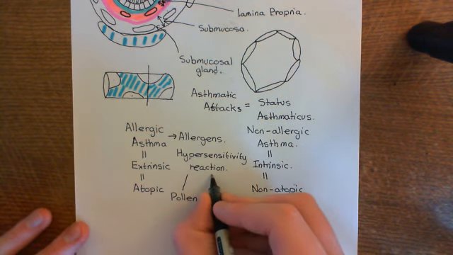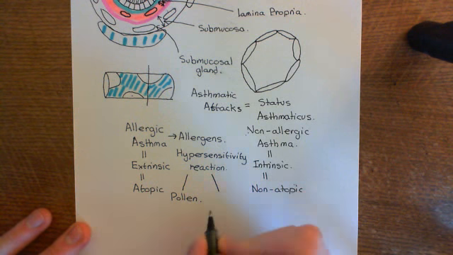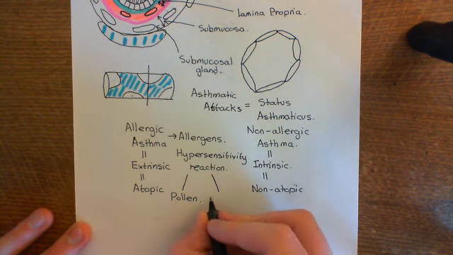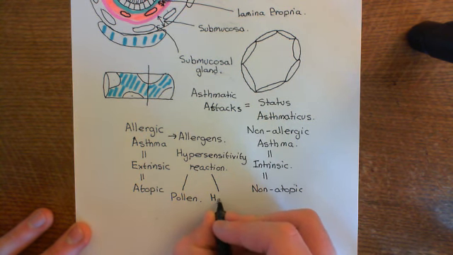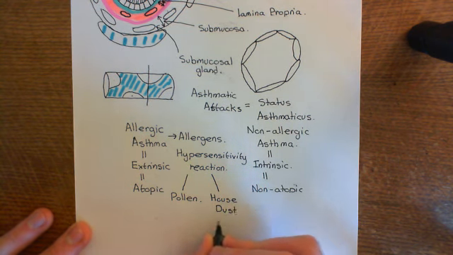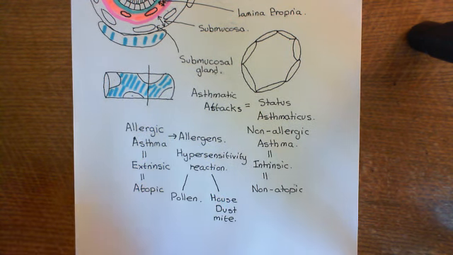In addition, maybe a little bit more understandable as to why the body might think it's something bad, certain proteins that are made by house dust mites. In your house you will have dust, presumably, somewhere, and there are tiny little mites known as house dust mites which live on the dust and eat the dust.